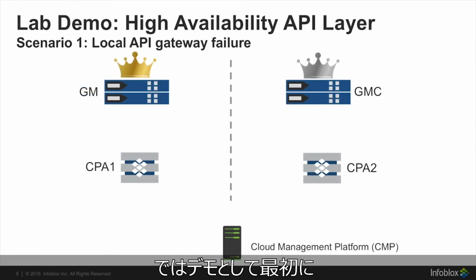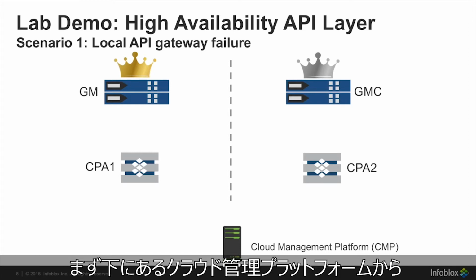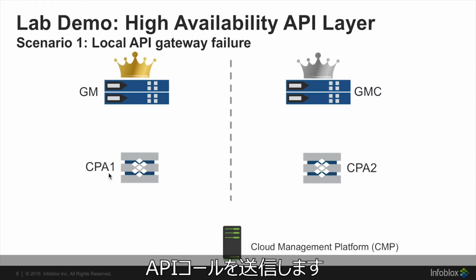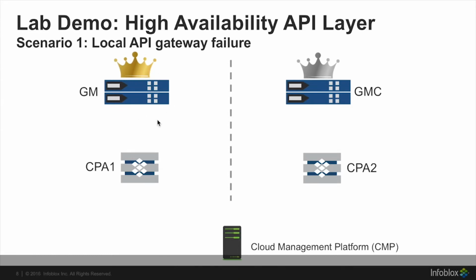So in this demo, what I'll show you first is around local API gateway failure and how we handle that. And what that means is we have a cloud management platform sitting in the bottom here, and it is trying to send API calls to a cloud platform appliance sitting in either data center. The authority is actually the grid master sitting here on the top left.